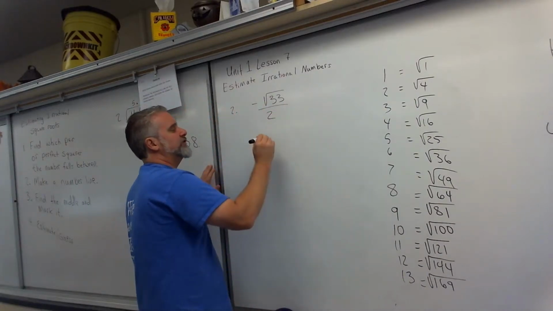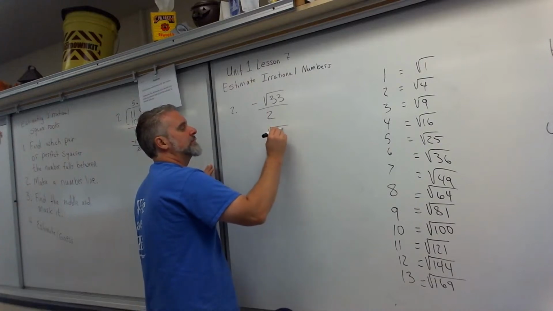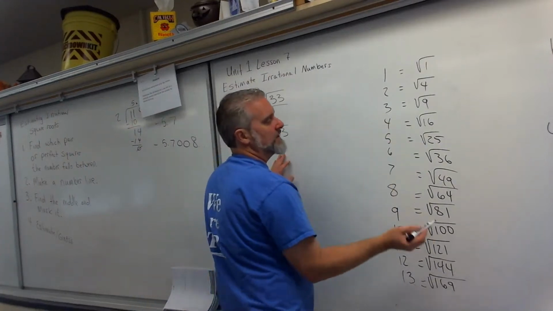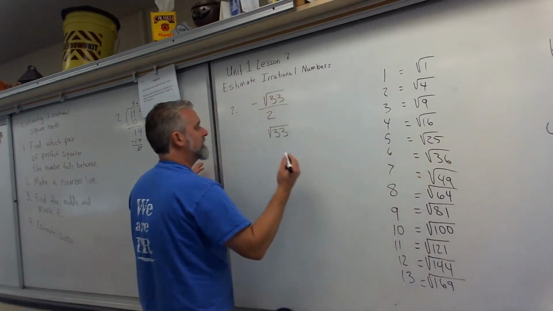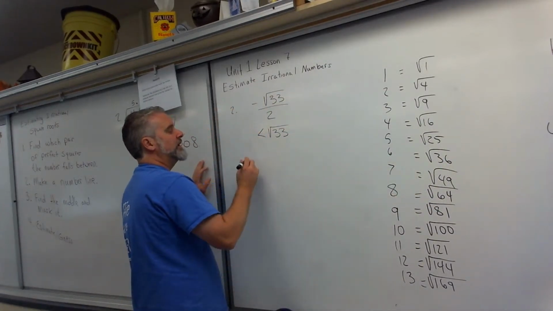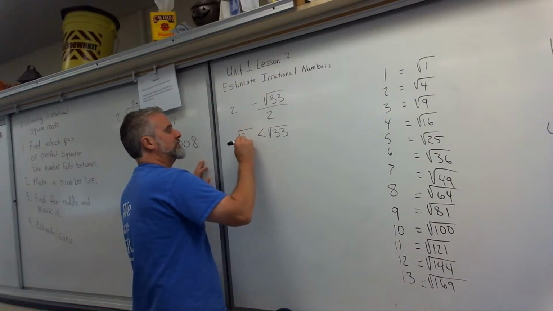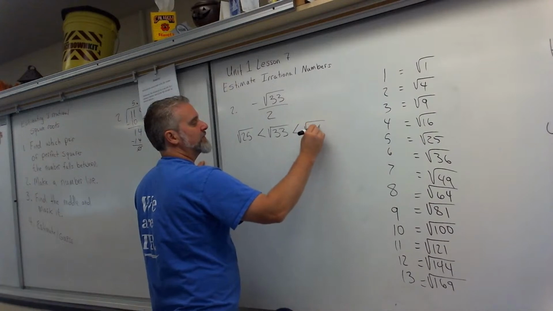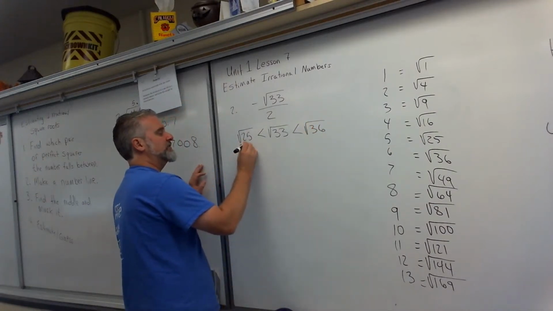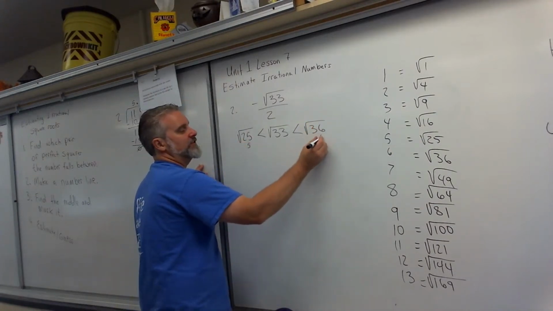So looking at just square root of 33, where does that fall on my chart? It falls between square root of 25 and square root of 36. So square root of 33 is greater than the square root of 25, and it is less than the square root of 36. Square root of 25 is 5, square root of 36 is 6.